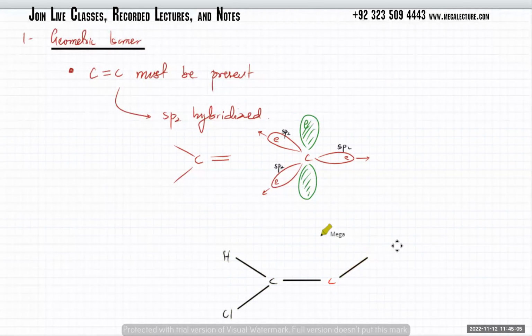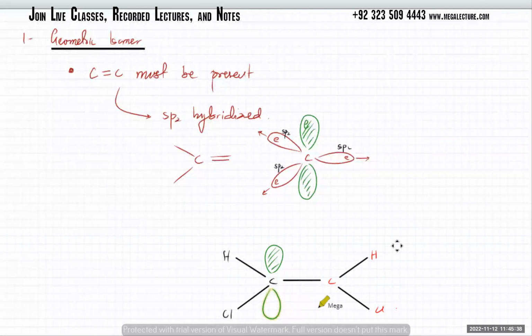One electron getting attracted to, let's say, an H, another electron getting attracted to a Cl. And what happens in ethene is there's a fourth electron that is not doing anything, just roaming around.